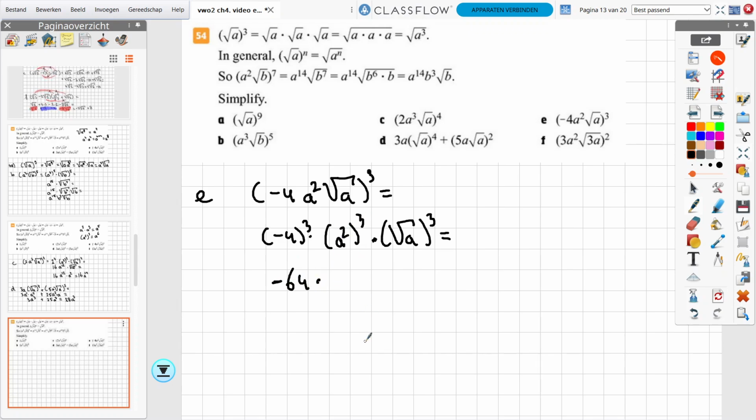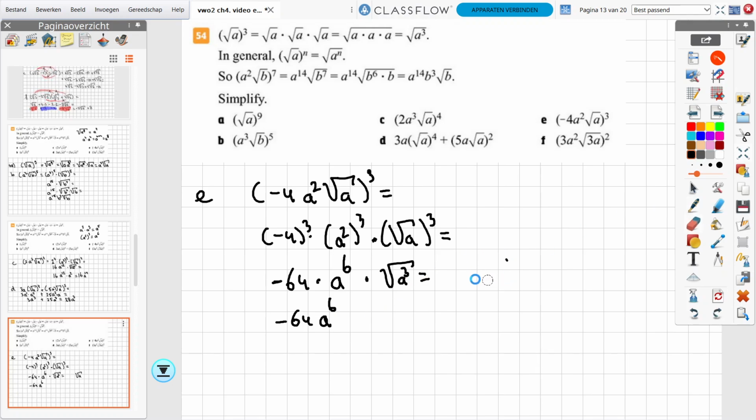A squared to the power of 3. A power of a power, I multiply the exponents. Root a to the power of 3, and maybe some of you already see that that is the same as a root a.